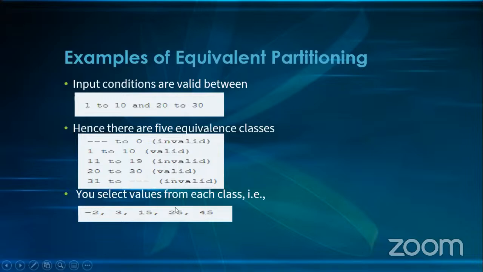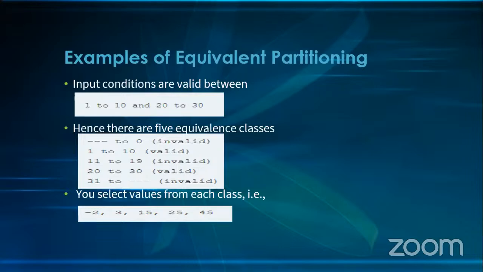So if I'm going to test, I test these 5 to make sure that all possible combinations have been tested. Hence, that is an example of equivalent partitioning. That is the logic about equivalent partitioning.